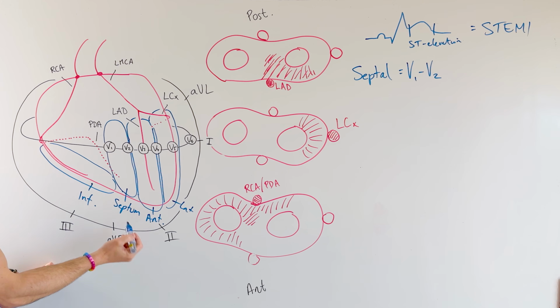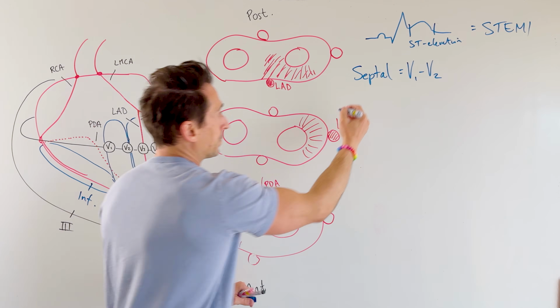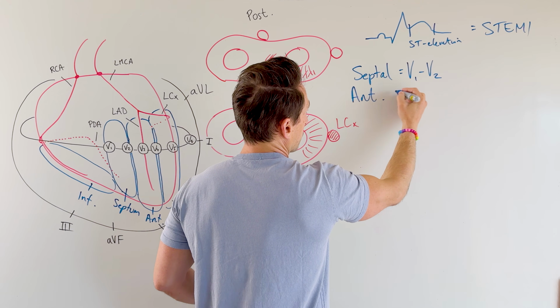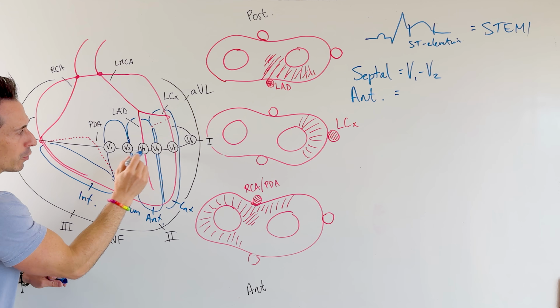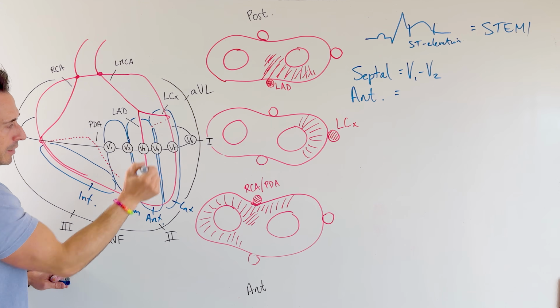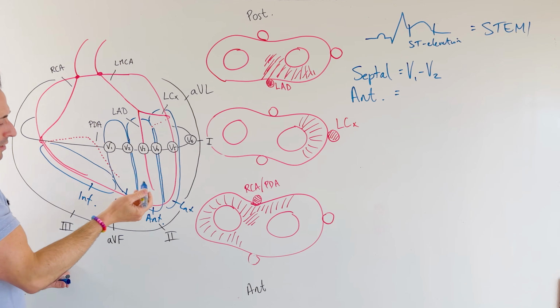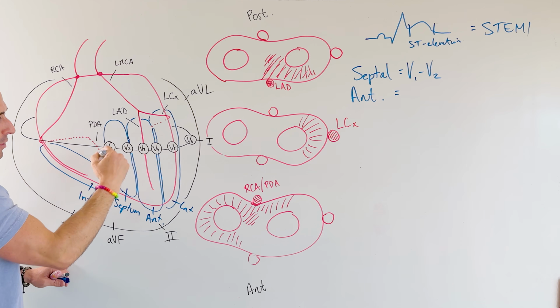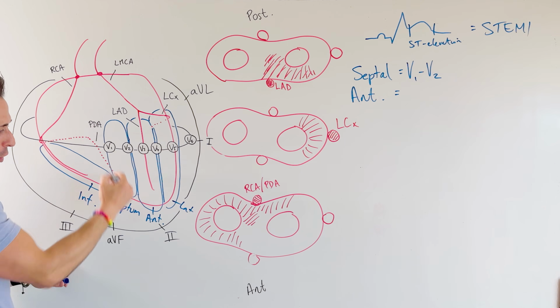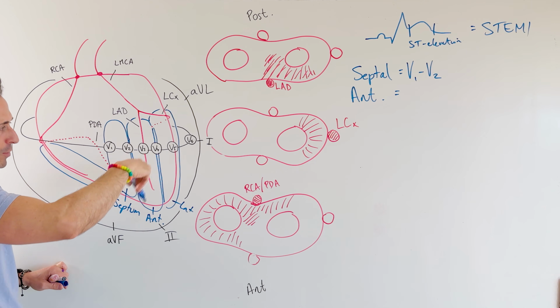Okay, cool. What if I see it in V3, V4? If I see it in V3, V4, it's telling me, oh, it's more anterior. Now, very rarely would you likely see just a septal. You probably see anterior septal. So you might see V1 to V4 telling you it's anterior septal, right?